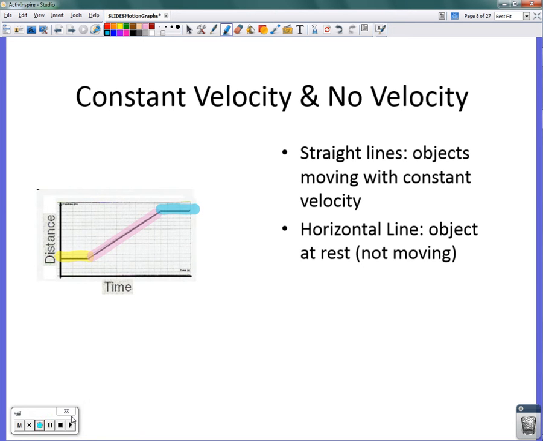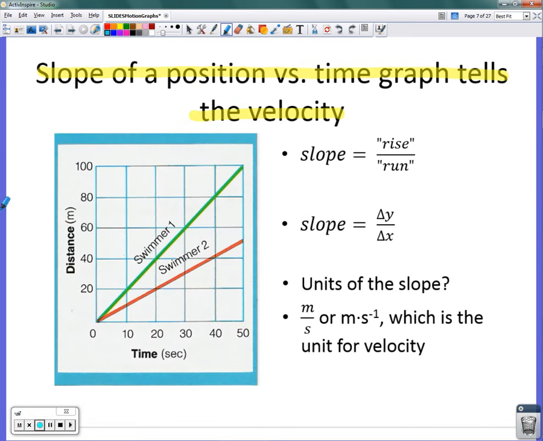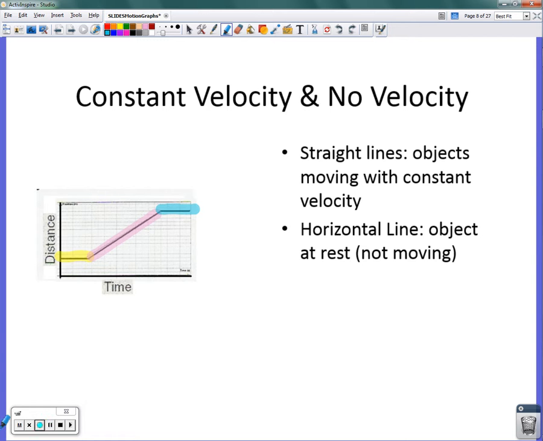If we go back and apply the idea that the slope of a position versus time graph tells us velocity, we can see here with these three distinct sections of the graph, two of the slopes are actually the same. The yellow section and the blue section both have a zero slope.